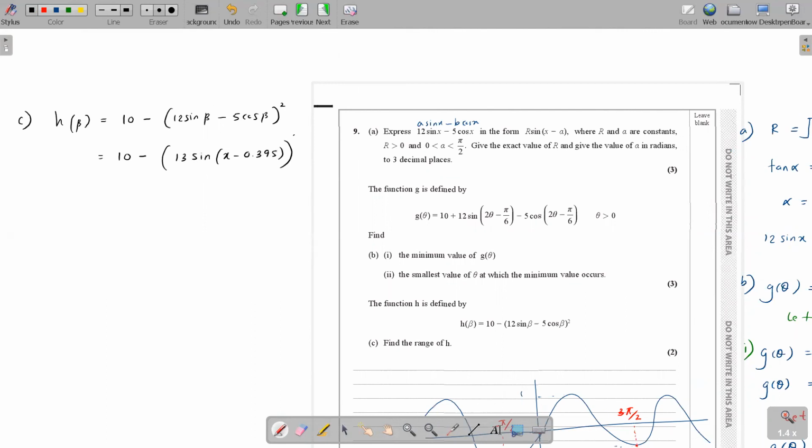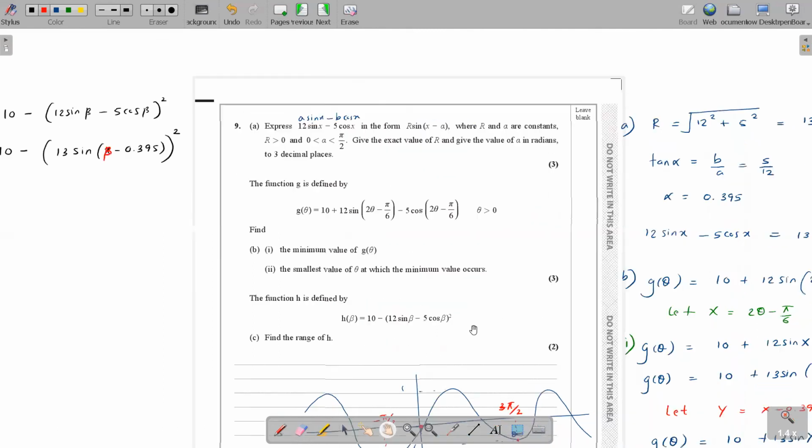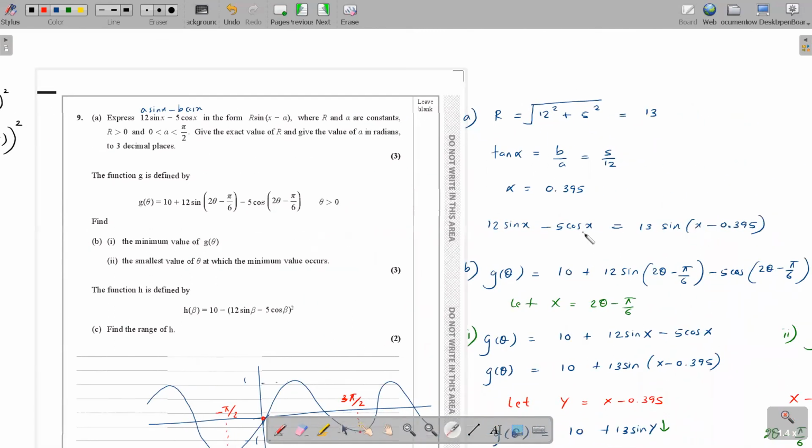So remember, it's the whole thing squared. It's not x here, it should be beta, because it's not sine x. It's now sine beta. So it gives you 13 sine beta minus 0.395, right? The whole thing is the same, just x replaced by beta.